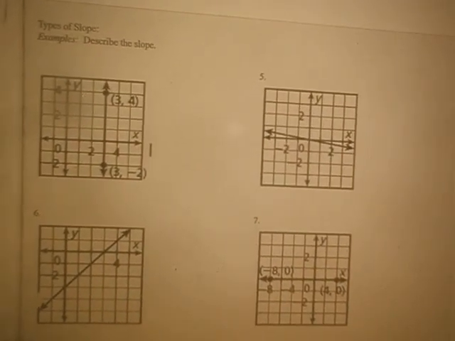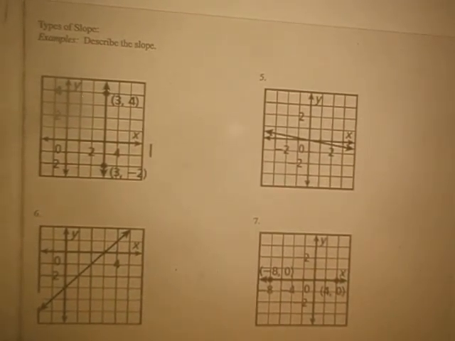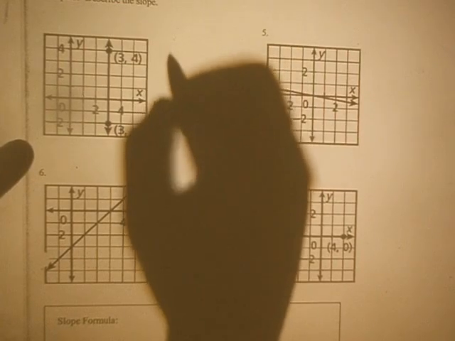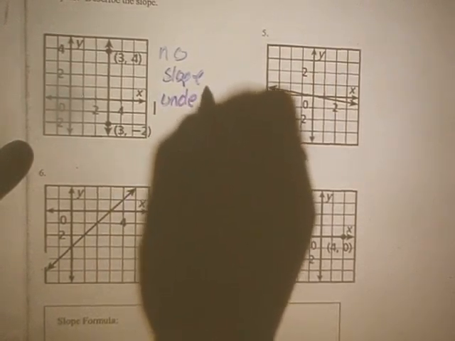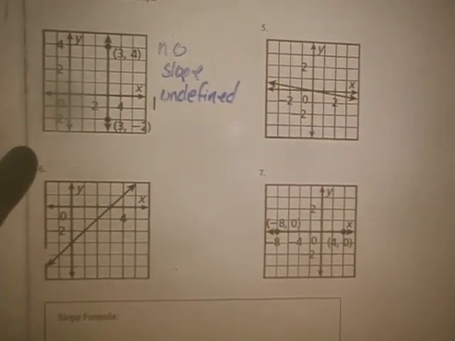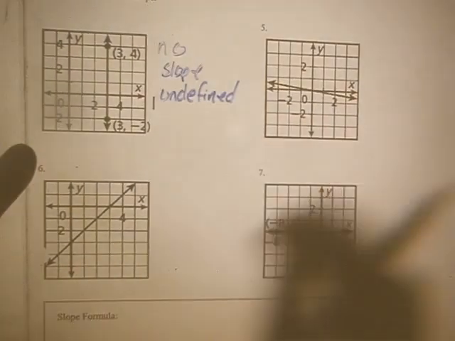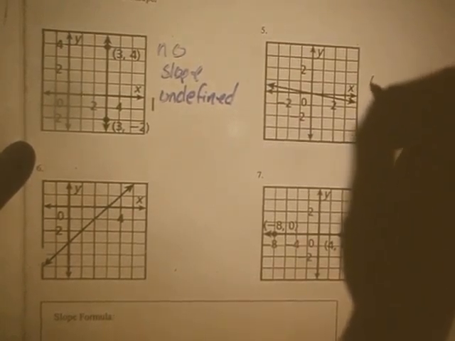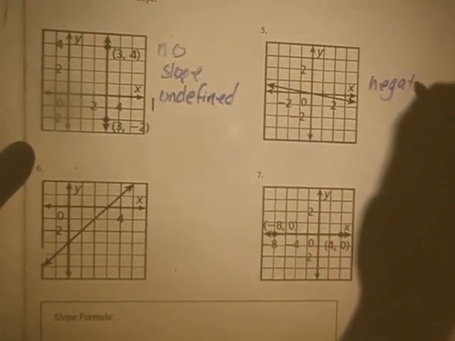At the top of the next page, we have 4 pictures with slope. And we just need to say whether these are positive, negative, 0, or no slope. This first one, straight up and down, that line has no slope or undefined, whichever one you prefer. Number 5, as you go from left to right, that's going downhill, so this has a negative slope.